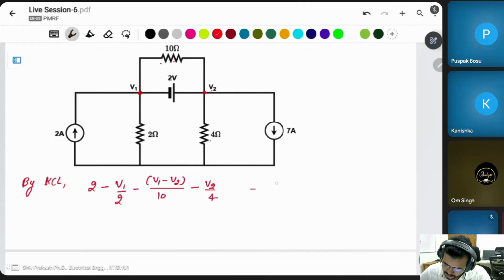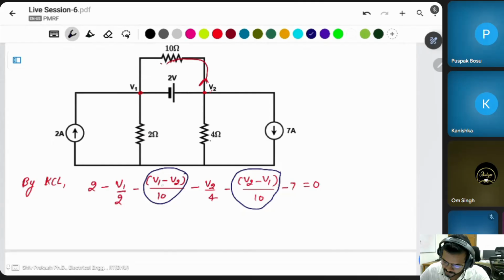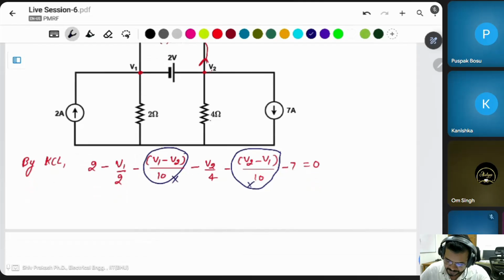Oh, sorry. Then you have to take the current equation for this node also: V2 minus V1 divided by 10, then 7 ampere is equal to 0. You can see both are simply reversible, which means both cancel out each other. Then no need to write this equation also.